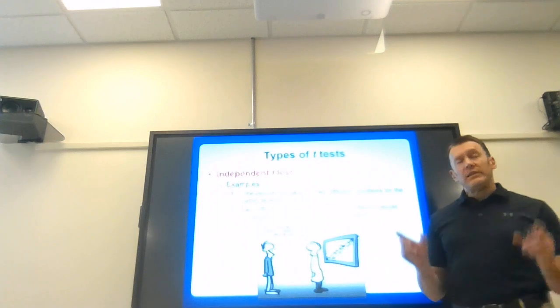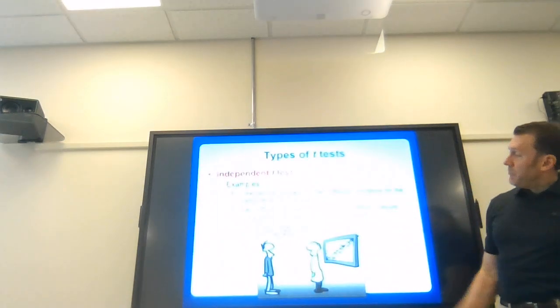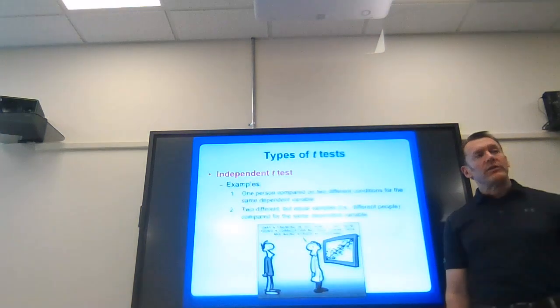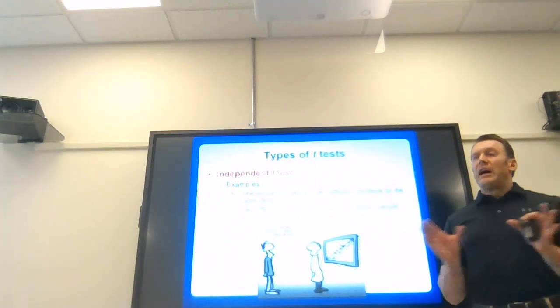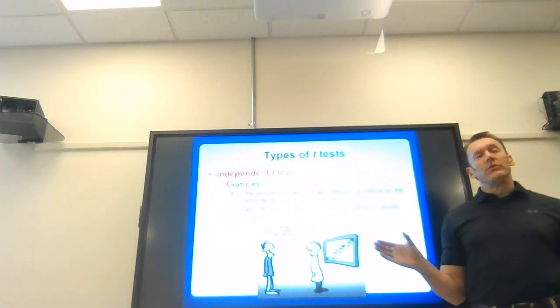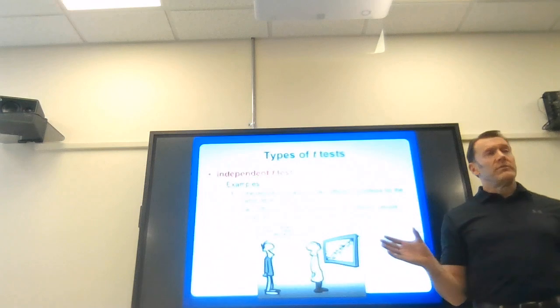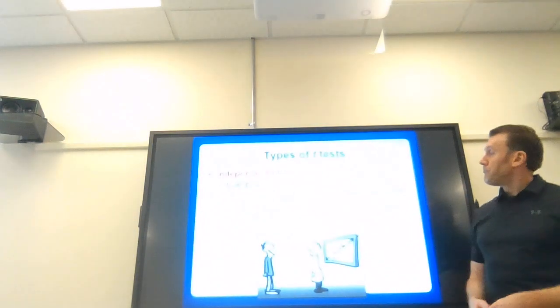You take these two equal samples and have them tested on the same dependent variable. That would be like Christine's research. She's taking her volleyball team, dividing them into two equal groups, and then testing them on a control versus a treatment condition. This would be similar to what Christine is doing for vertical jump.